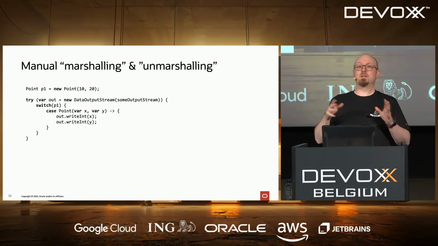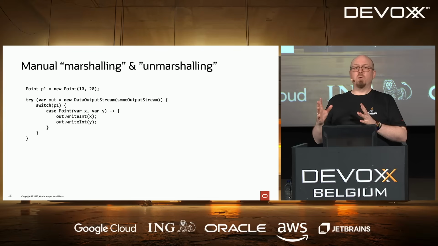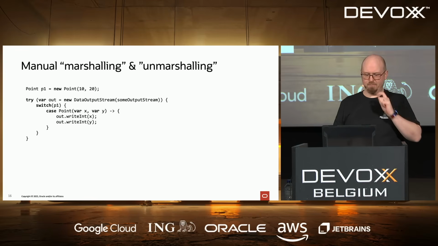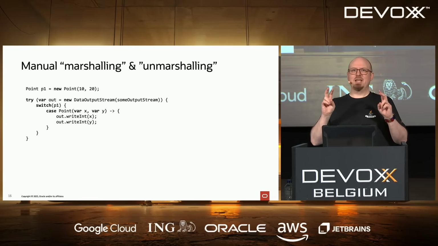Does this make sense? We're deconstructing the point when we pass the data that we got out of our point into our DataOutputStream. So that is the high-level idea here.